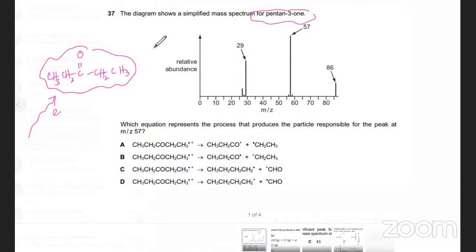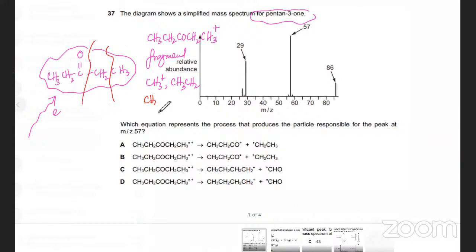So there'll be a molecular ion, where the whole molecule is intact but an electron has been lost. Or it will break down into small fragments, like a CH3 fragment, or a CH3CH2 fragment, or maybe a CH3CH2CO fragment.